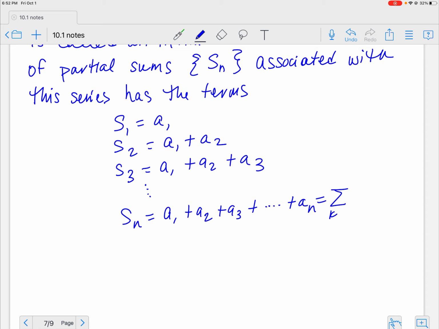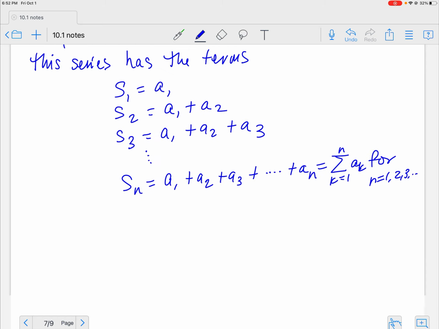And that is denoted here by the sum of k going from 1 to n of a sub k, for n equal to 1, 2, 3, etc. So a partial sum is just the part that you're looking for there.